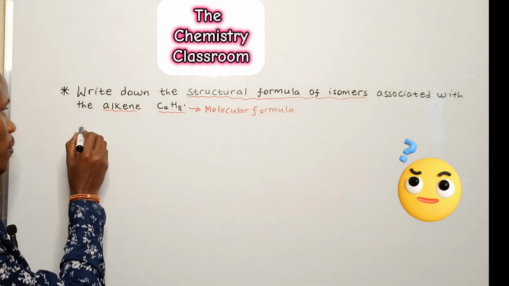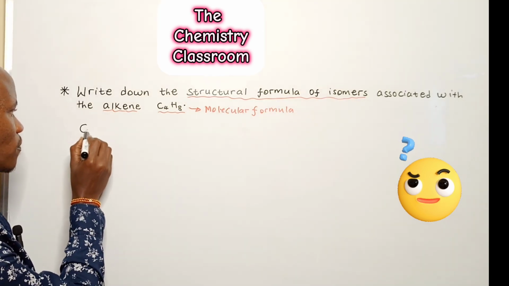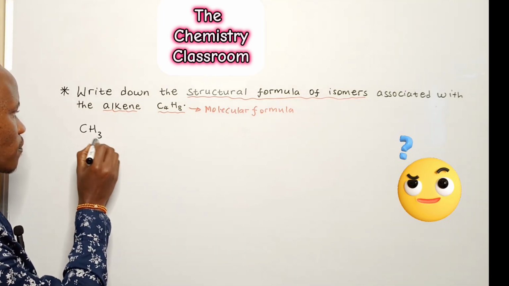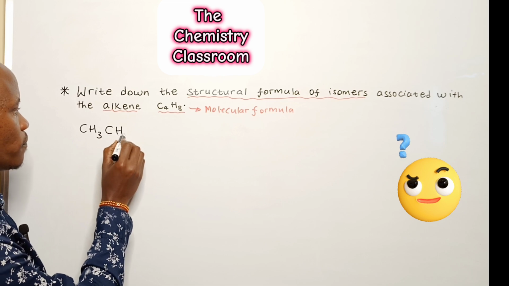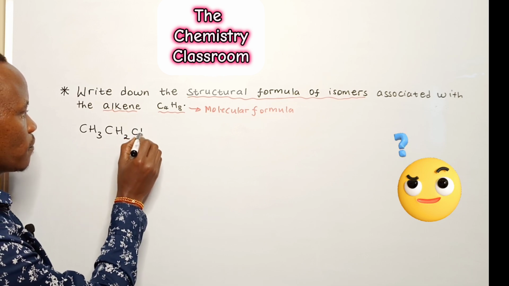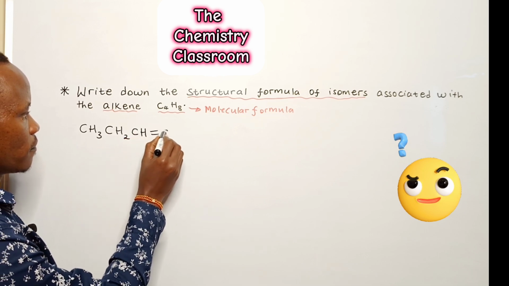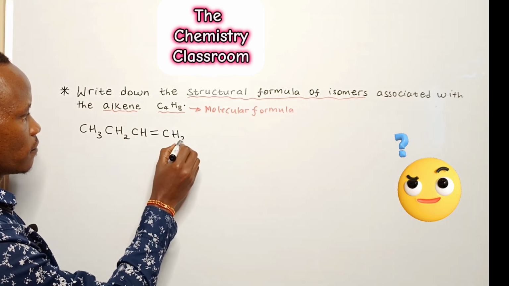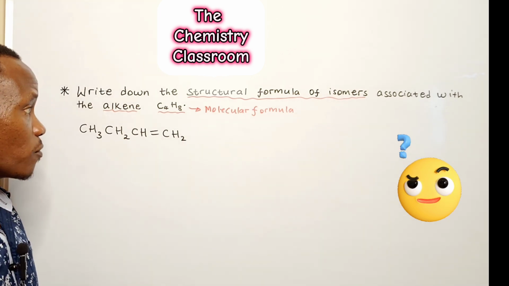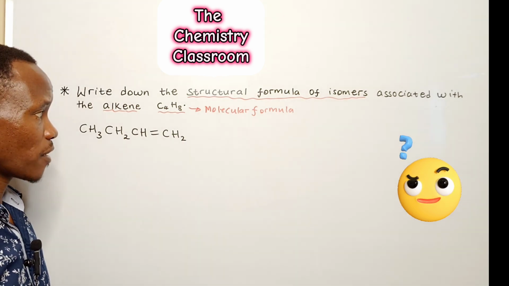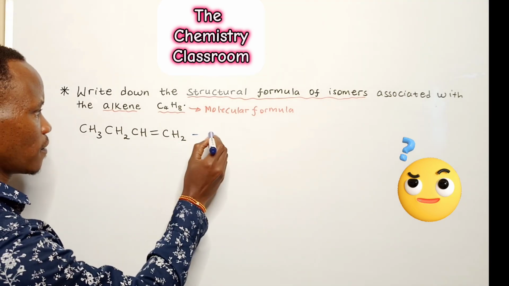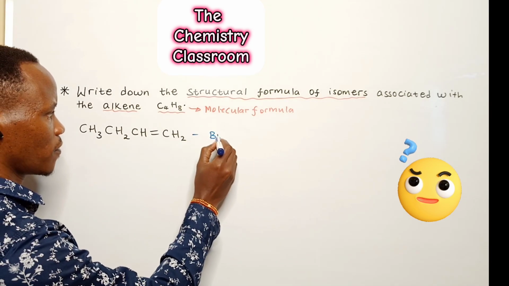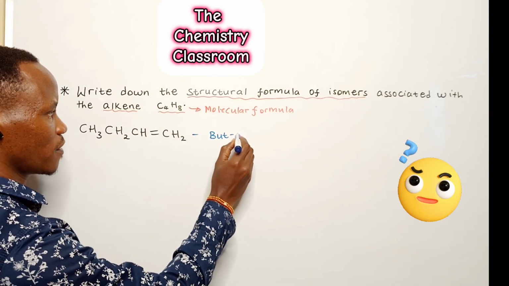So our first isomer is therefore this, so that is our first isomer, whose IUPAC name should now be very simple for you to generate.